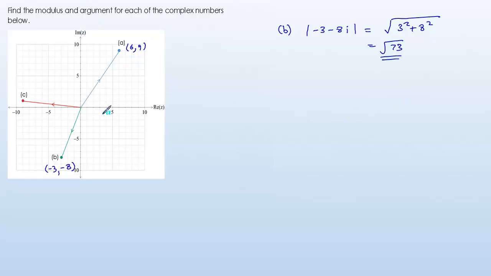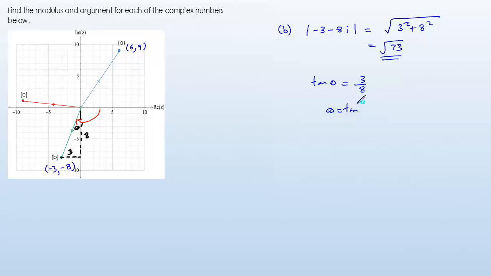Now as far as the argument is concerned, we need this angle just here. So if we form a right-angled triangle just here, we know this length is 3 and this one is 8, and we can work out this angle here, which I'll call theta. So tan theta is 3 over 8, opposite over adjacent.